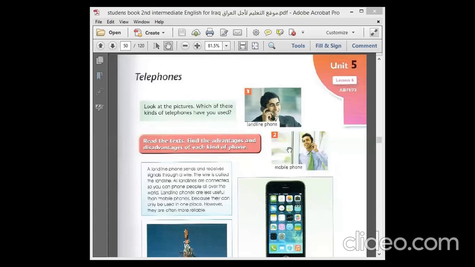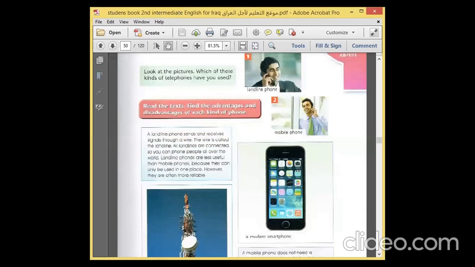Okay, that's great. So, now let's have a look at page 53, Unit 5, Lesson 6. Here, it says, look at the pictures.